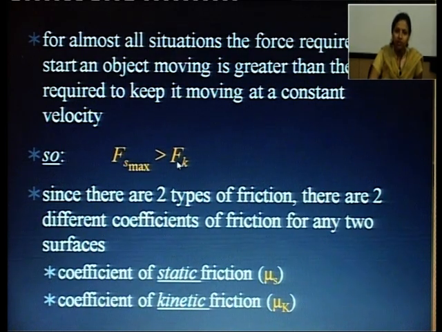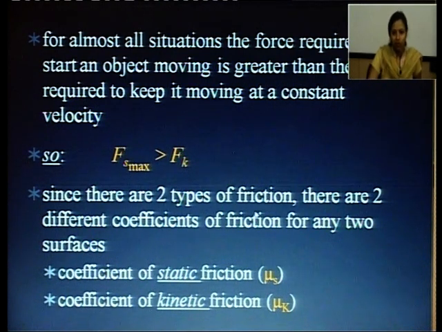If it is moving, then friction is less as compared to the rest position. This point is important: if a body is moving as compared to being at rest, then the force of friction while it is moving is less as compared to the static friction.